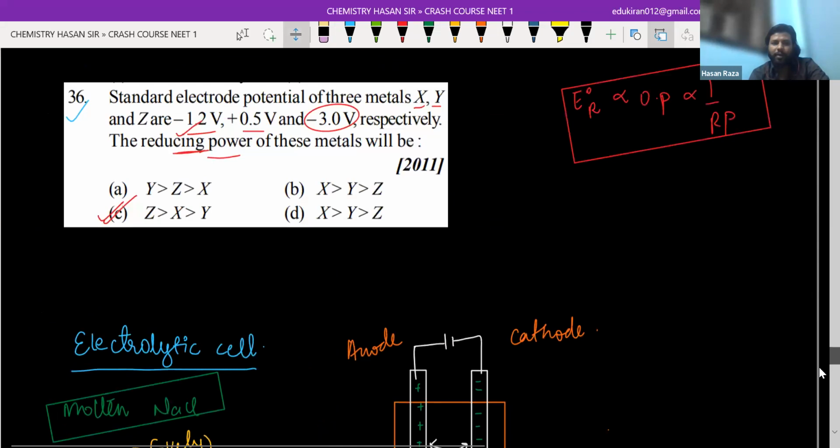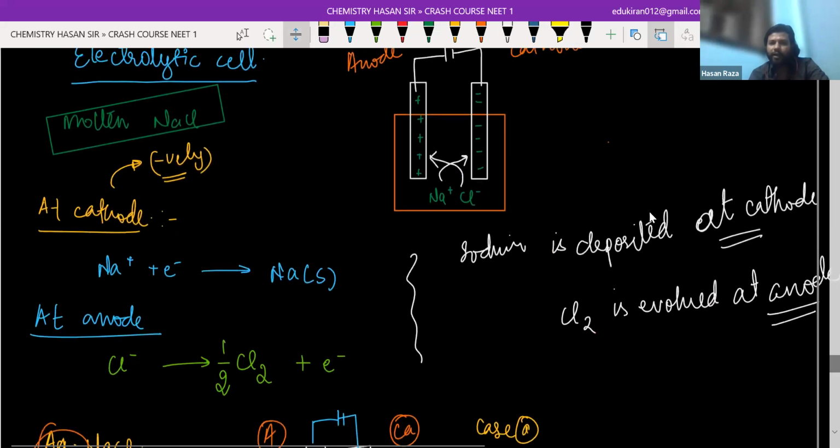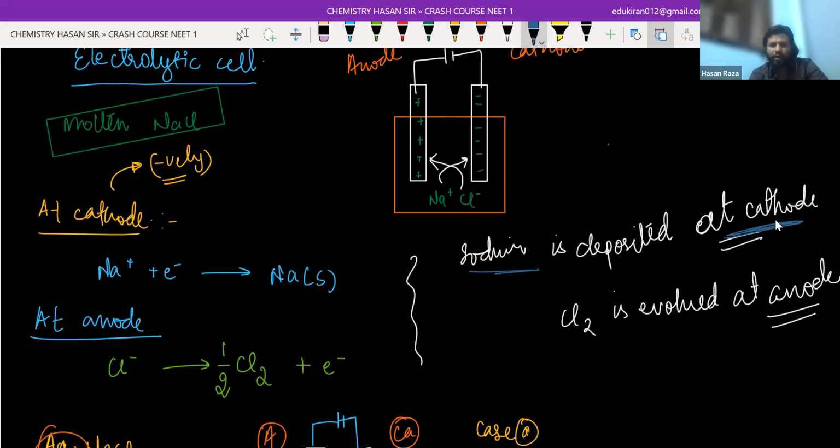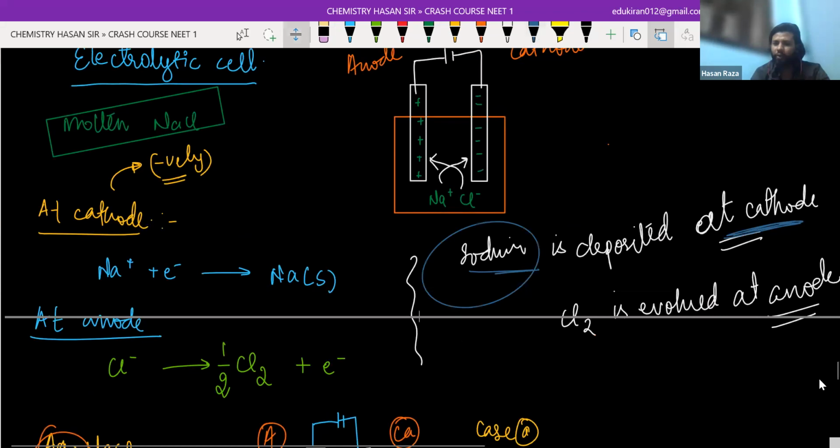If you remember molten NaCl, I wrote here that sodium is deposited at the cathode. So depending upon the product, if it is in gaseous state, it will evolve, and if it is in solid state, it will be deposited at a particular electrode.